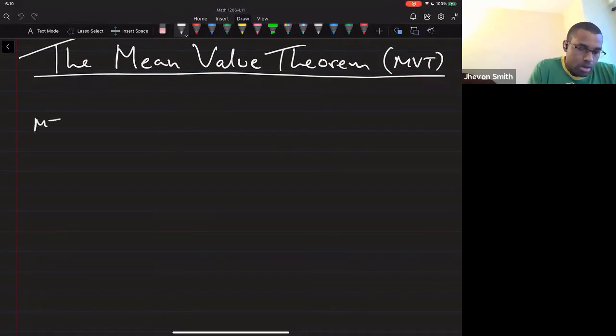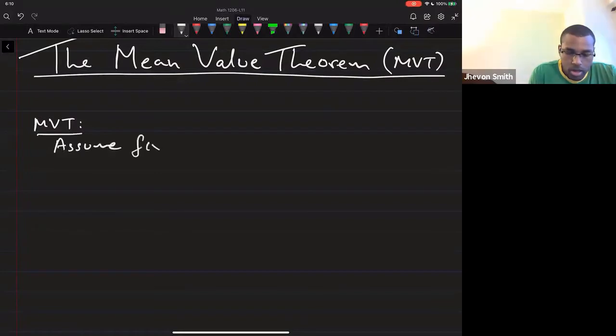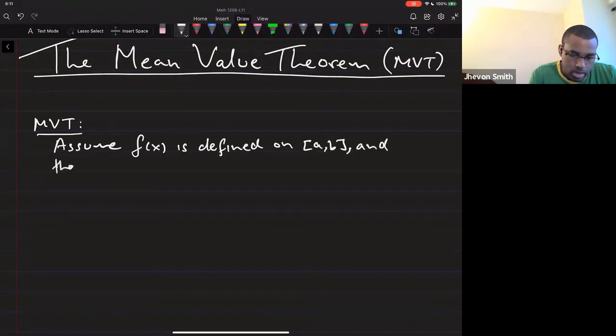Mean value theorem. So here's what it says. Again, assume f is defined on a closed interval and that f satisfies the following.